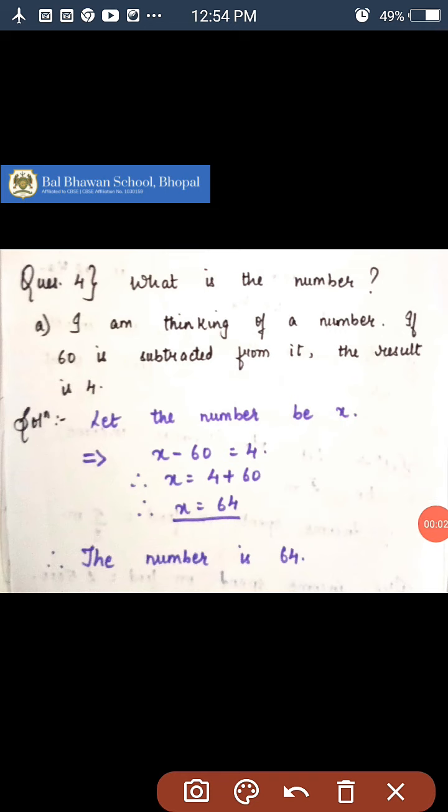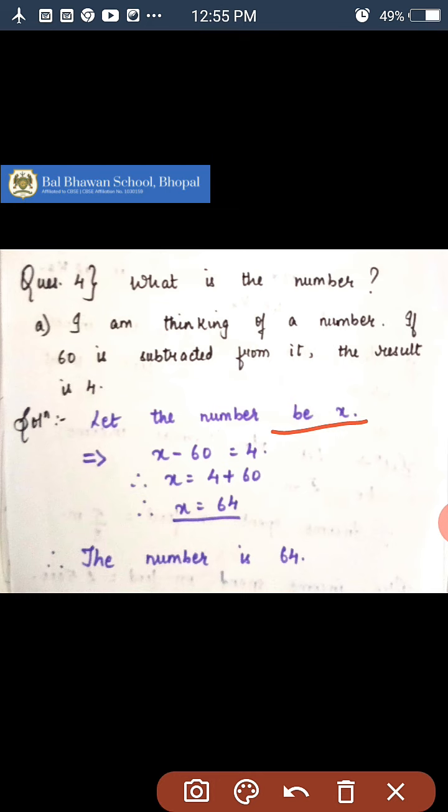Let us continue now with question number 4. The A part. Here they are saying that I am thinking of a number. If 60 is subtracted from it, the result is 4. So let us assume that the number is x.